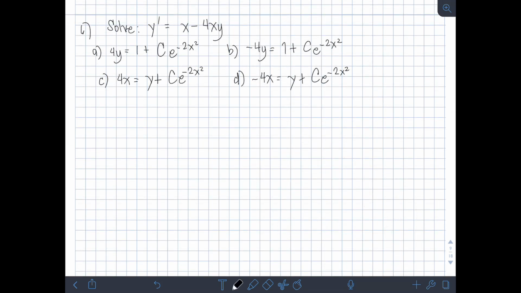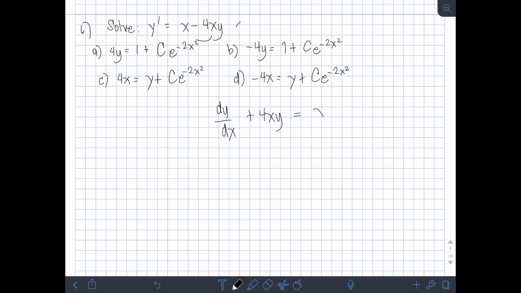Next, we have: solve y prime is equal to x minus 4xy. Okay, you'll notice this DE, let me rewrite y prime as dy over dx. Then I'll transpose this negative 4xy, so it becomes 4xy equals x.